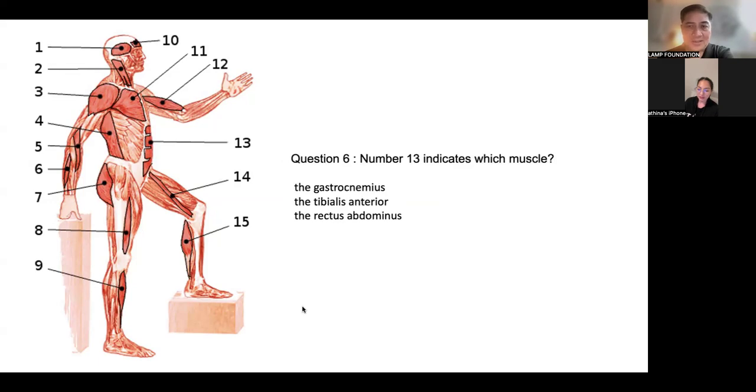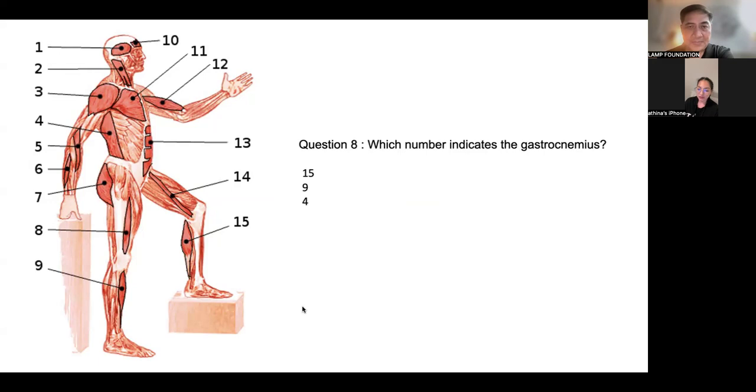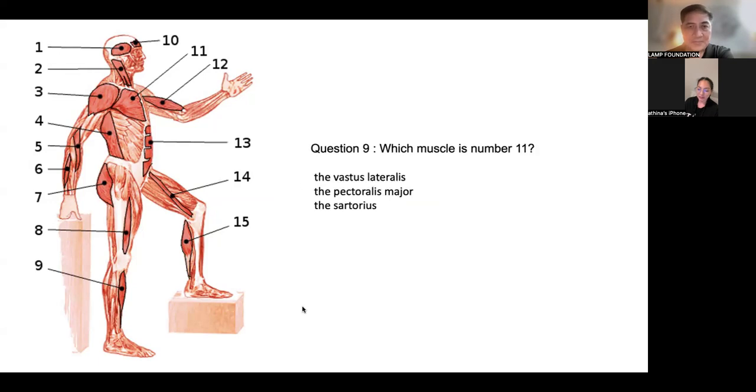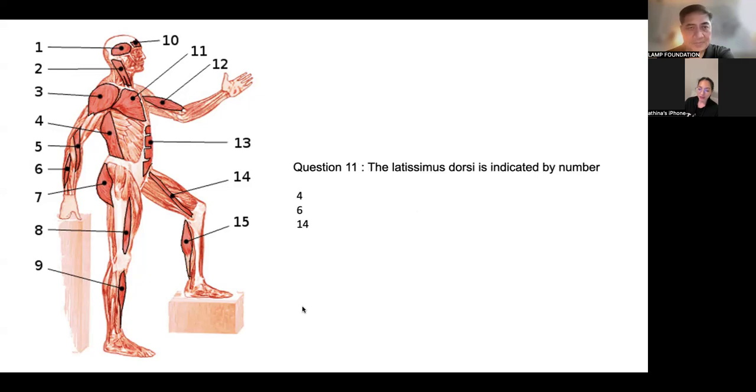Number 13, the rectus abdominis. Gluteus maximus, that's number 7. Gastrocnemius, it's number 15. Number 11. Number 11 is the pectoralis major. Number 9, that's the tibialis anterior.